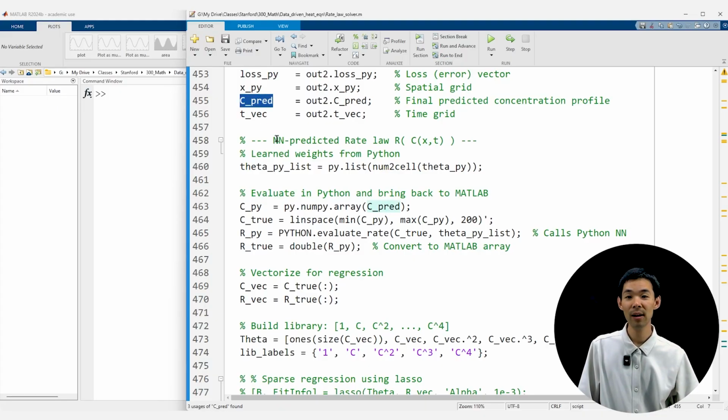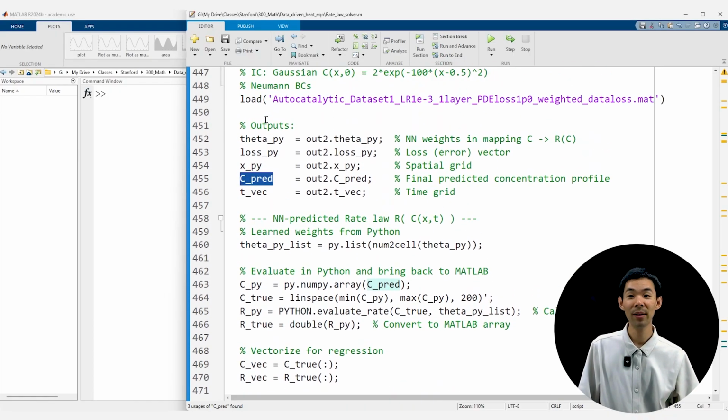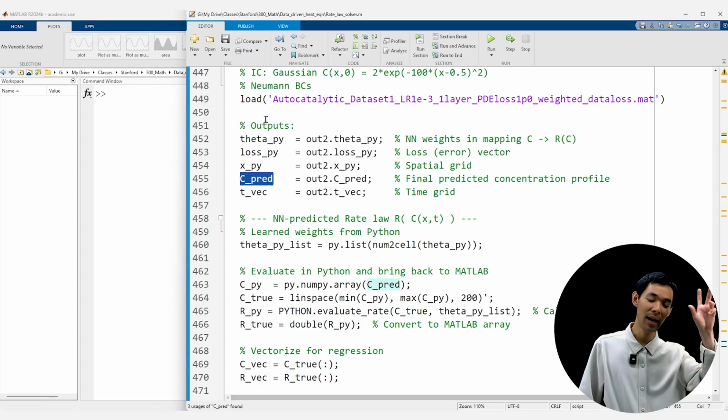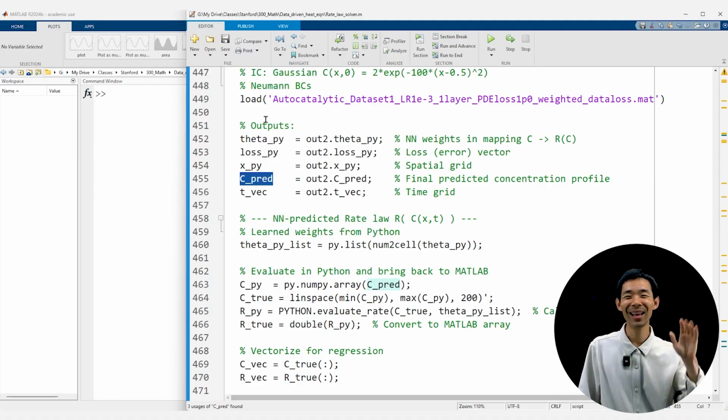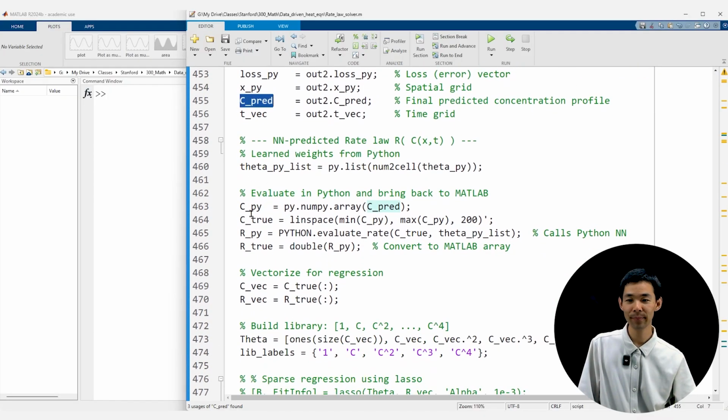So C prediction is the predicted concentration profile coming from the neural network model that we trained using the raw concentration data. Now we have a black box neural network for that element, and that's what C prediction contains.